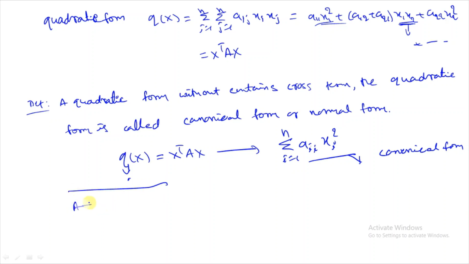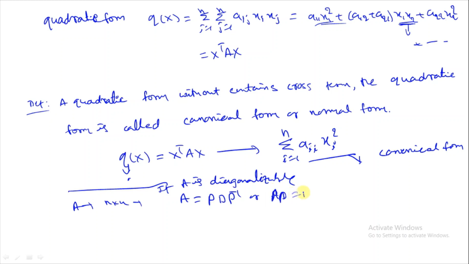When A is an n by n matrix, A is diagonalizable means A equals P D P inverse, or AP equals PD. We already know this one, D is diagonal.